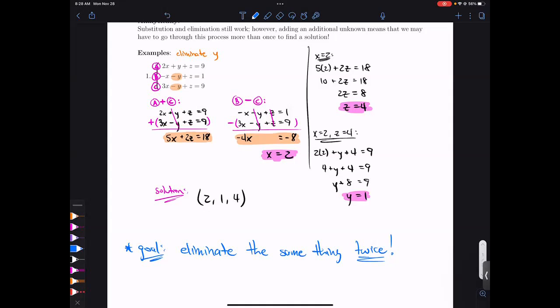So you might have to scale one or both of them, multiply both sides by something to get coefficients to line up, that kind of thing. Usually you get one that you can do a little bit cheaper, a little bit easier. But the second one, maybe you have to work a little harder. But the goal is you've got to eliminate the same thing twice.